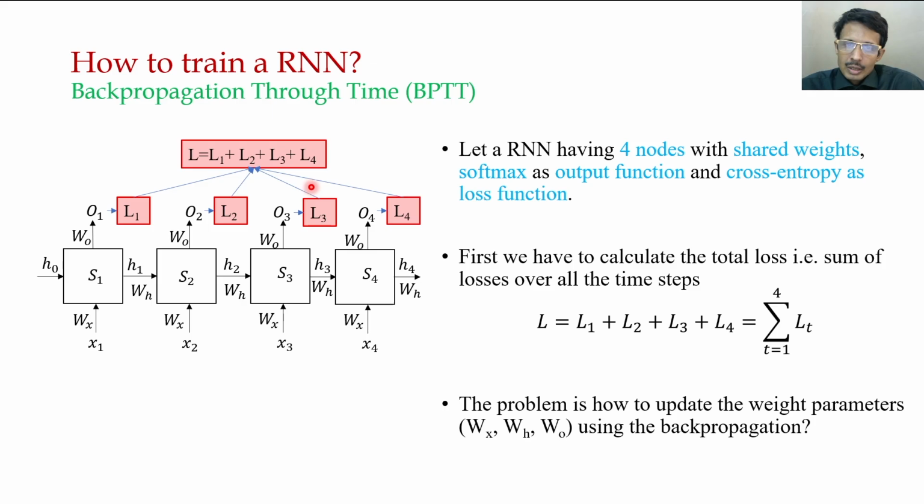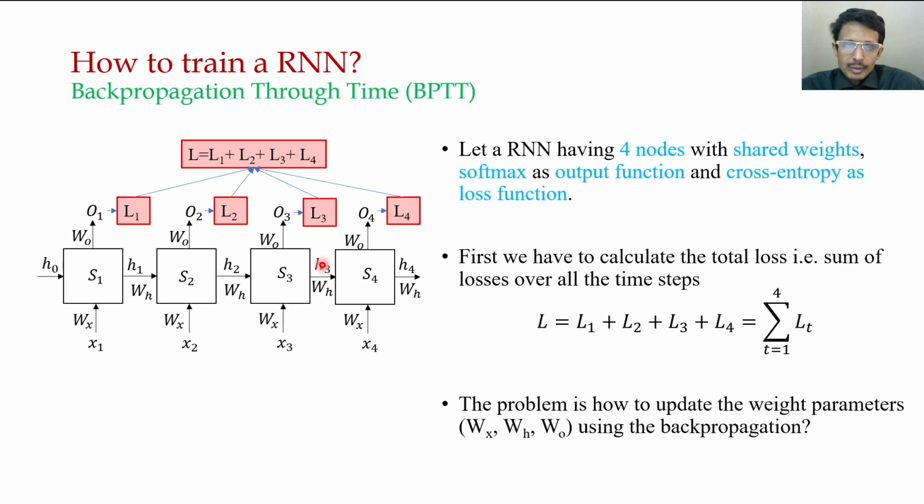Now, we can see what we actually want to do. In general, what we understand about a training procedure or training algorithm is that we essentially have to learn these weight parameters Wx, Wh and Wo.